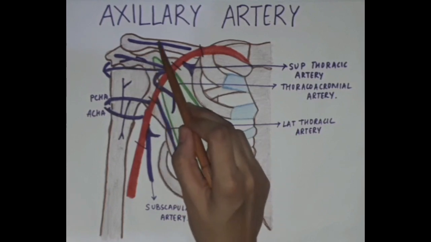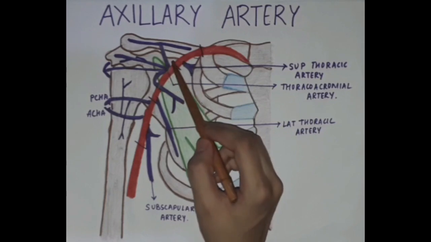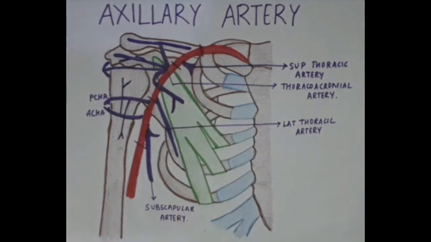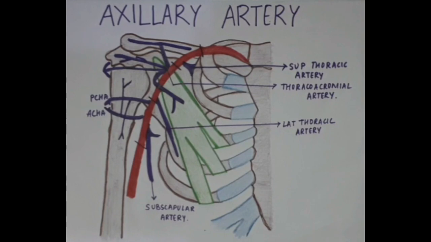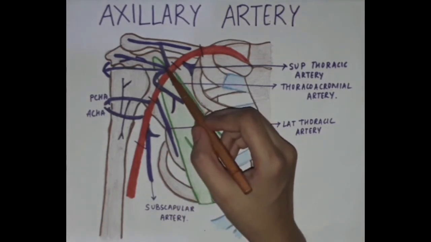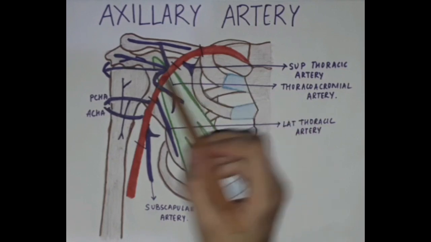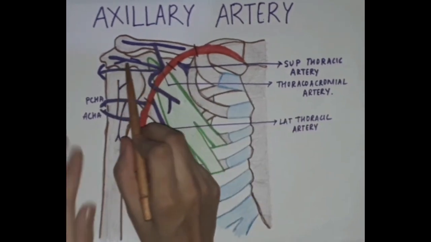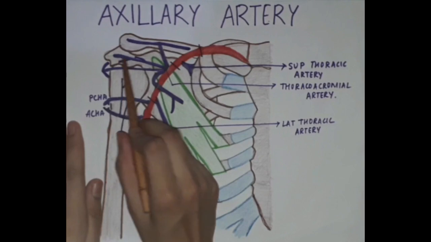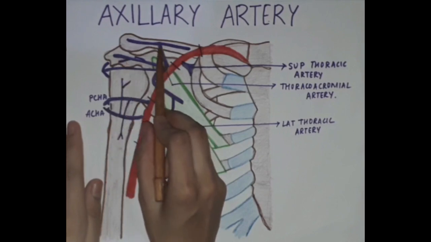These are the 4 terminal branches. To know more about the clavipectoral fascia, click on the I button. The 4 terminal branches are the pectoral branch, the deltoid branch, the acromial branch, and the clavicular branch.